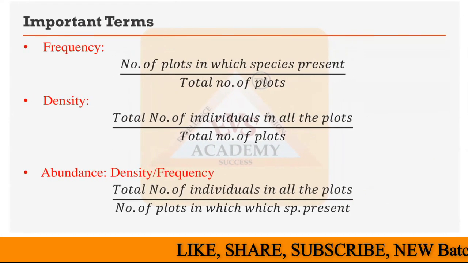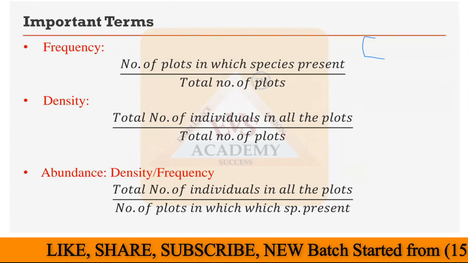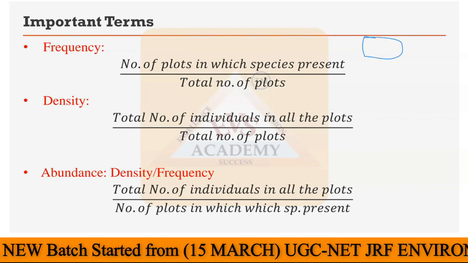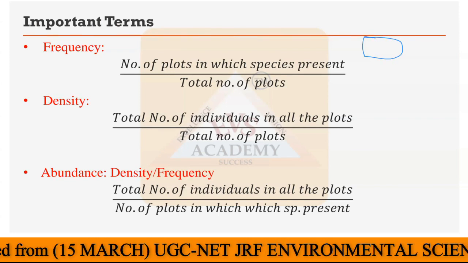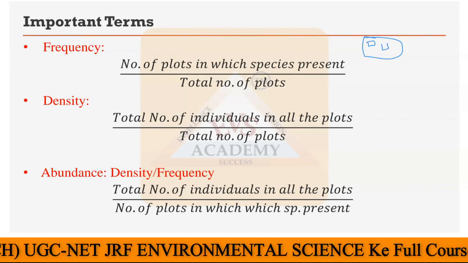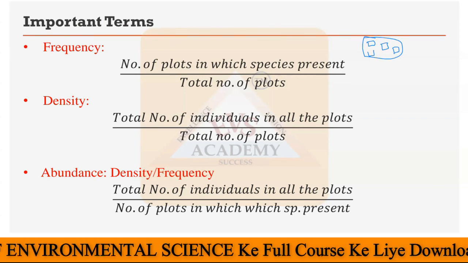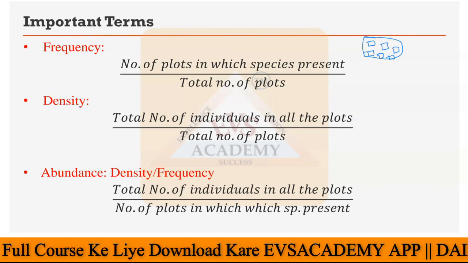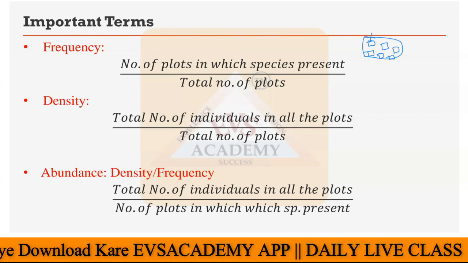Now my garden is what? My garden is an area. You can say this is a kind of ecosystem, the grassland ecosystem. And now I have selected a few areas, 1 meter square, 1 meter square, multiple areas. Now I will go into these areas and see what kind of plants I can find.